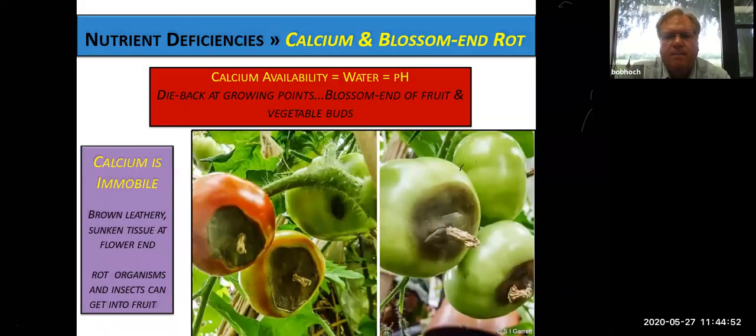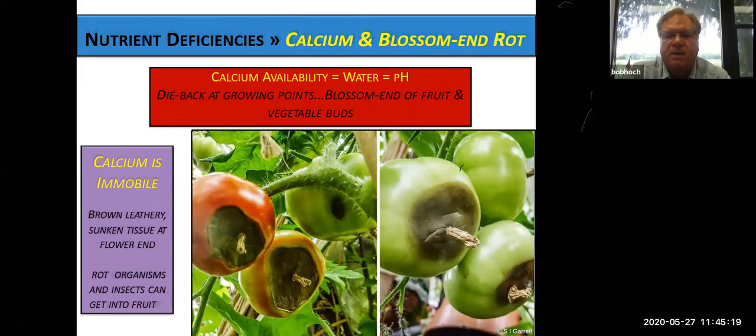The next thing here on tomatoes was relatively common. Probably long-time tomato growers have all seen this. This is blossom end rot, and it looks a lot like a disease, especially the pictures on the left-hand side there, and you might even get some secondary mold that kind of grows on that decaying tissue. So it does initially look a little bit like a disease, maybe the most common, like we saw in late blight.